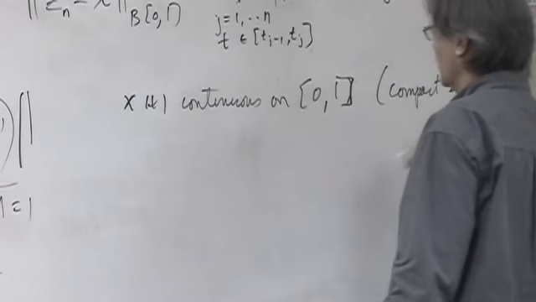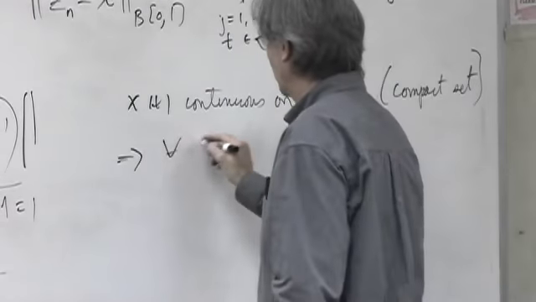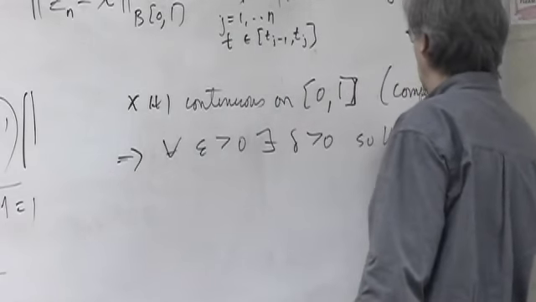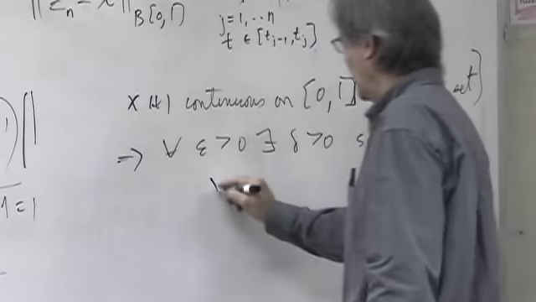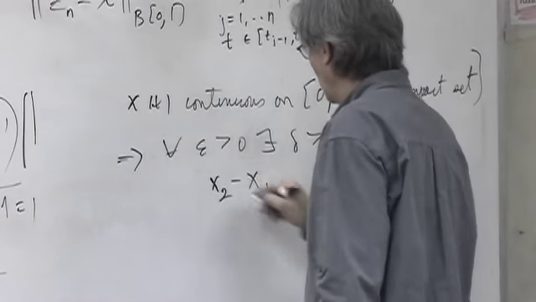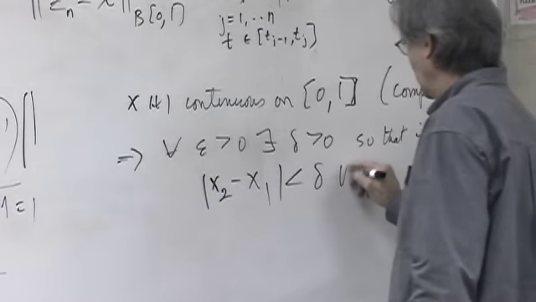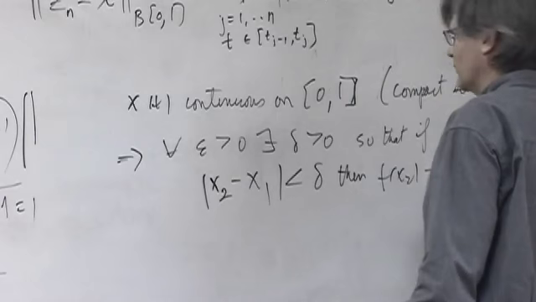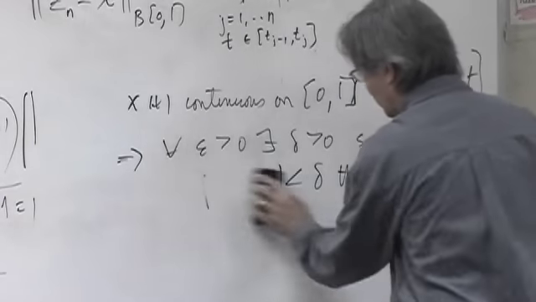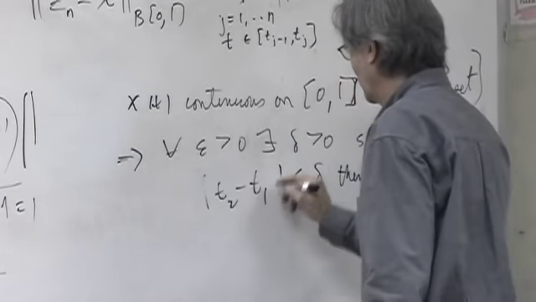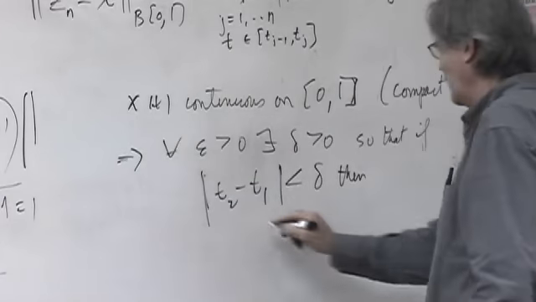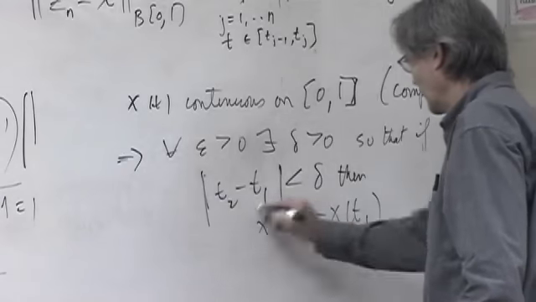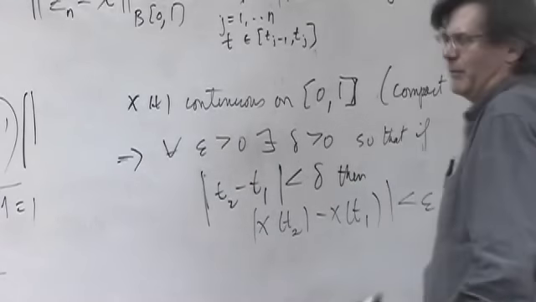implies that for every epsilon greater than 0, there exists a delta greater than 0, so that if t2 minus t1 is less than delta, then x of t2 minus x of t1 is less than epsilon.